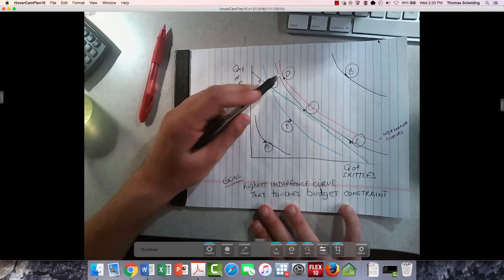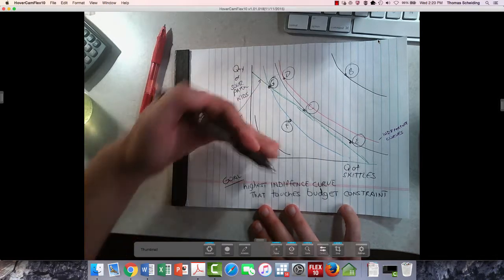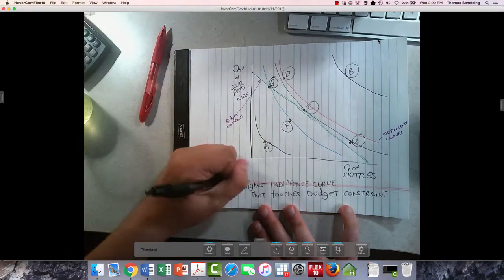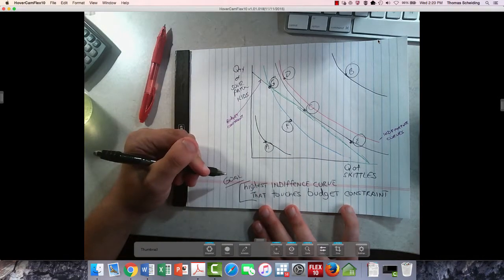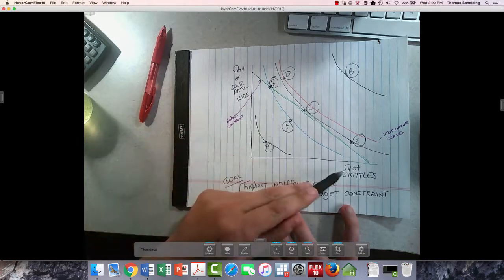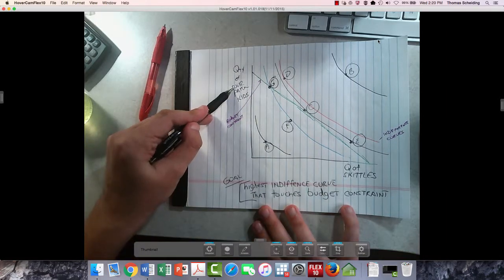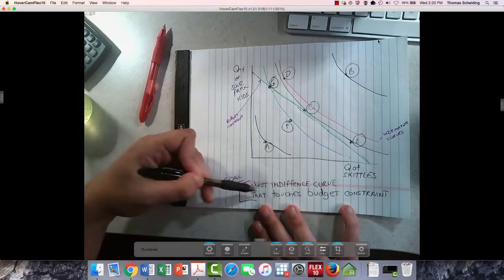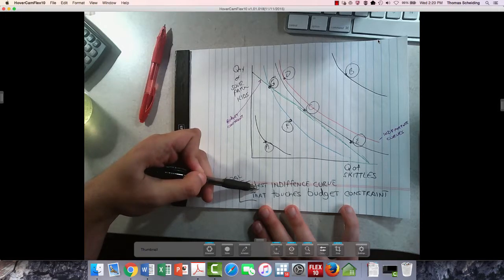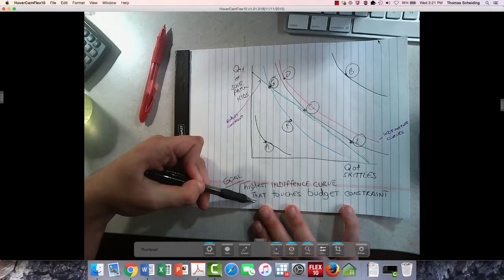I could be on a higher indifference curve. Higher meaning to the right, which gives us that goal then. How a person decides how many Skittles to buy versus Sour Patch Kids reflects a person trying to be as happy as they can possibly be while spending all their income.